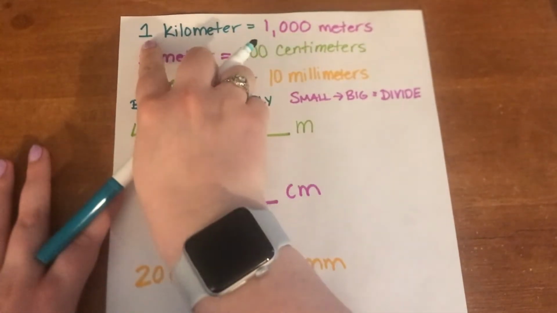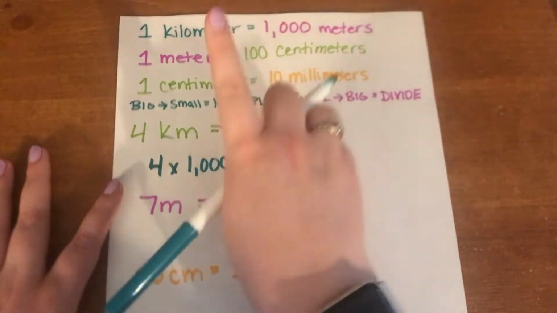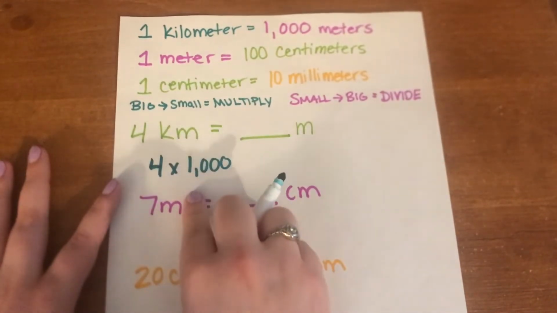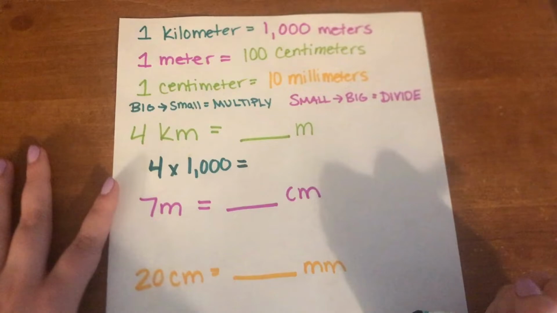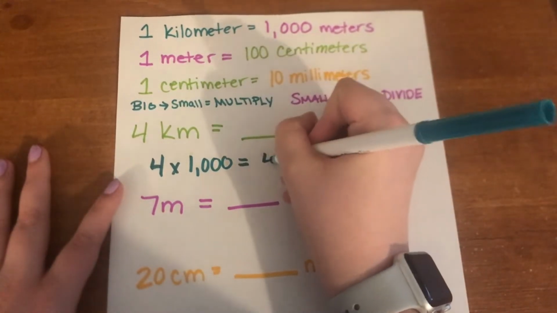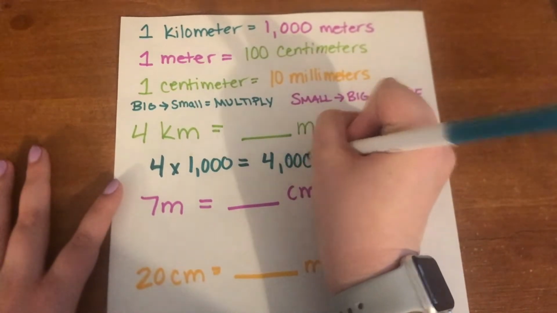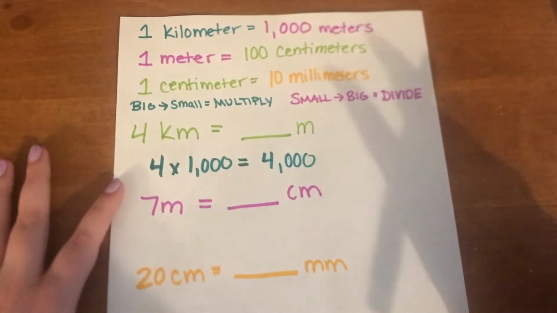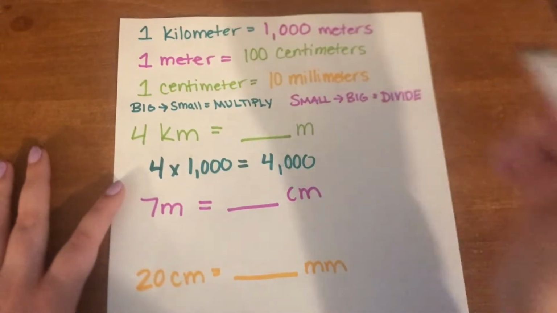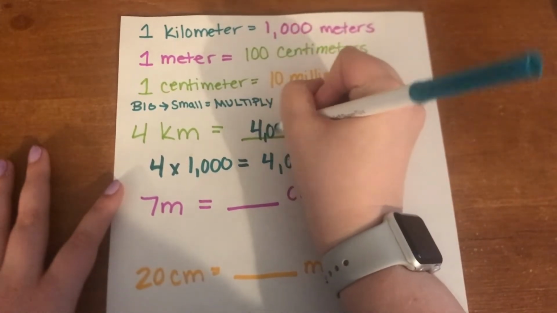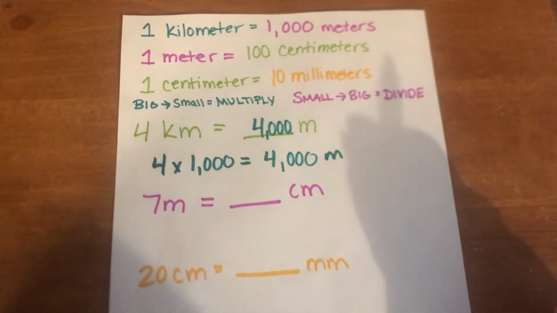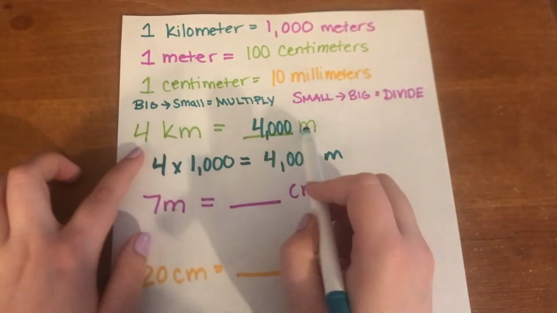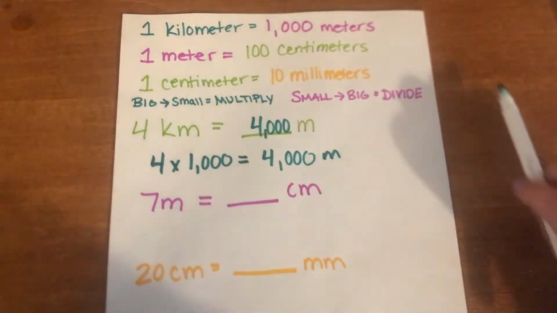Because if one group of 1,000 equals 1 kilometer, then 4 groups of 1,000 will equal however many meters we have here, which would be 4,000 meters. We're going from big to small, so we multiplied.